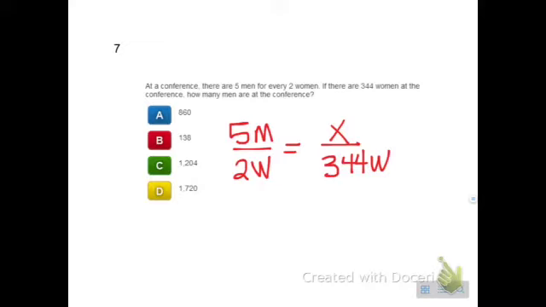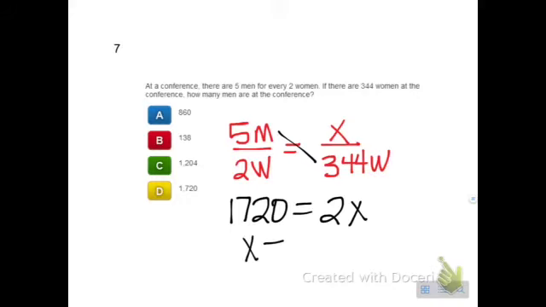And anytime you have a proportion, you can cross multiply to solve it. So I would say 5 times 344 is 1720, and that's going to give me 2x. So all I have to do now is divide by 2, and that's going to give me 860 men.